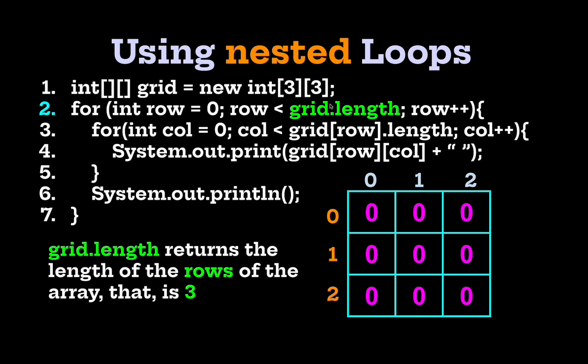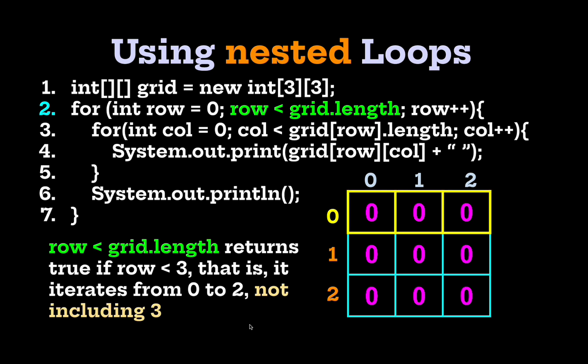So for instance, grid.length, I just explained that grid.length returns the length of the rows of the array. In this case, how many rows do we have? 1, 2, 3. 3 rows, right? And so saying row less than grid.length just returns true if row is less than 3.